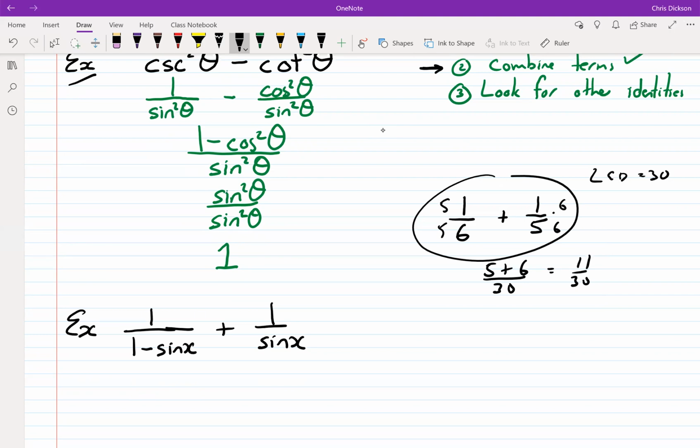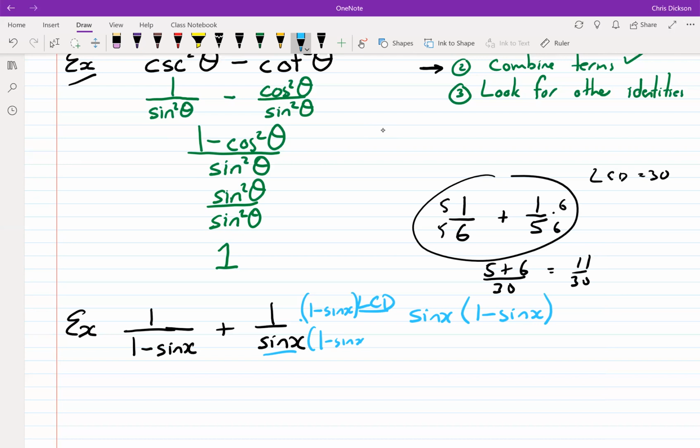But for this question, it's tricky. The LCD here, well, you have to have a sine x. And you also have to have a 1 minus sine x. So that would actually be the LCD for this particular question. So I multiply the right side by 1 minus sine x over 1 minus sine x.